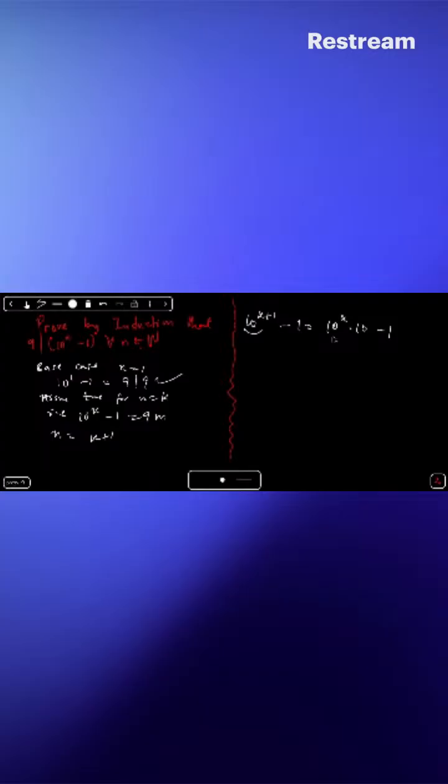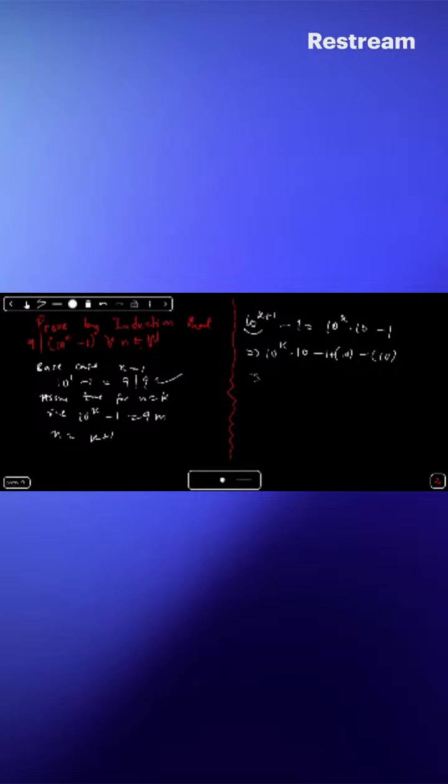So we can write this as this. All right, so what you are going to do next is add 10 and subtract 10. So we are going to have 10 raised to the power of k multiplied by 10 minus 1 plus 10 minus 10.